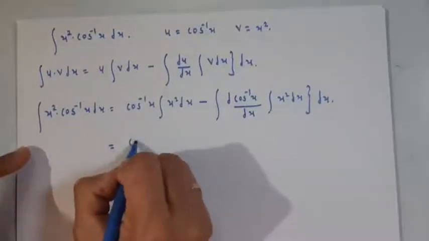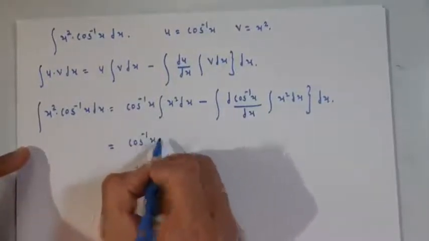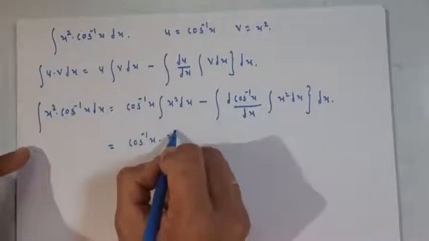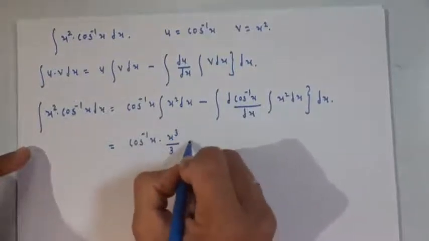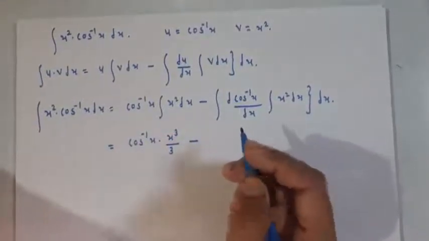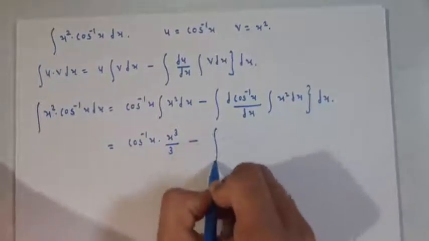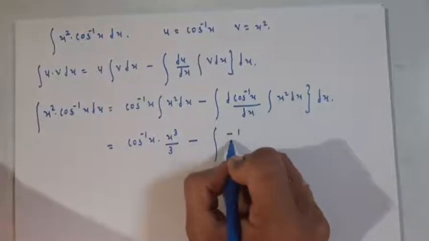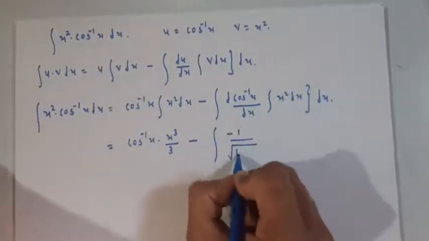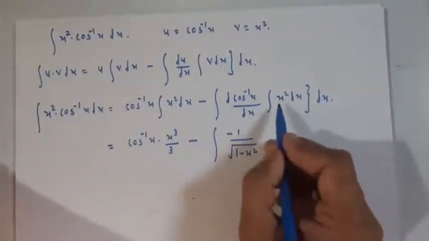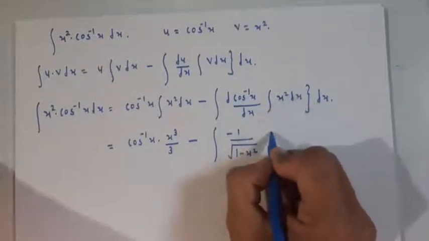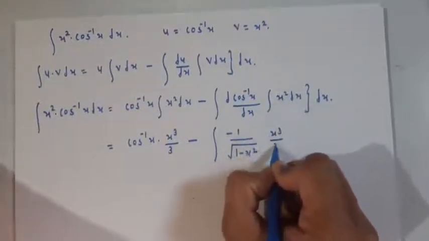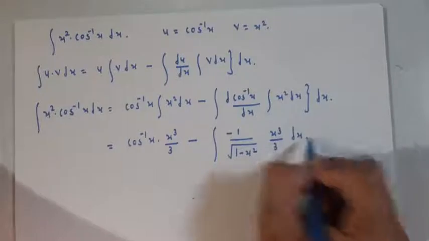Now this is equal to cos inverse of x, integration of x square is x raised to 3 upon 3 by using the integration of x raised to n formula. Now differentiation of cos inverse is minus 1 upon square root of 1 minus x square, and integration of x square is x raised to 3 upon 3 with respect to x.